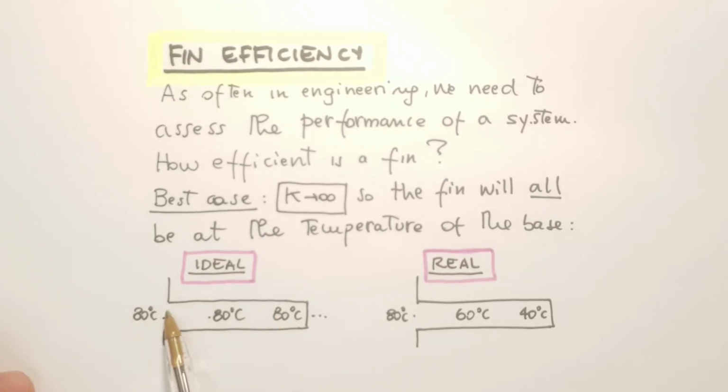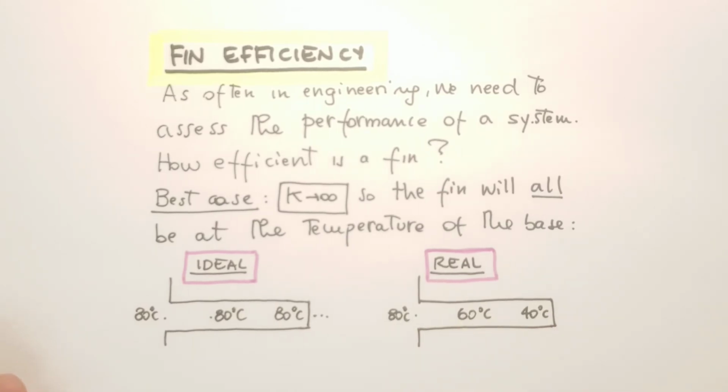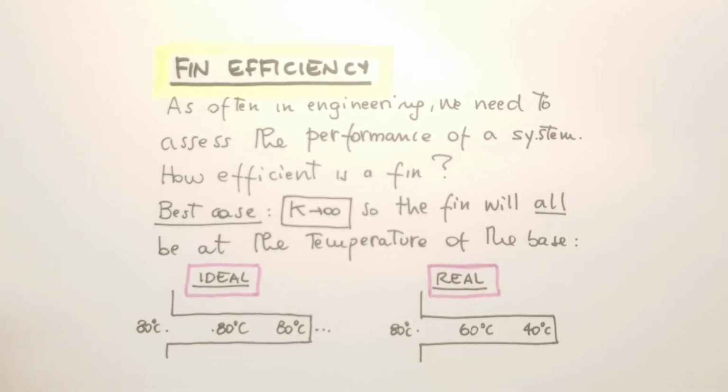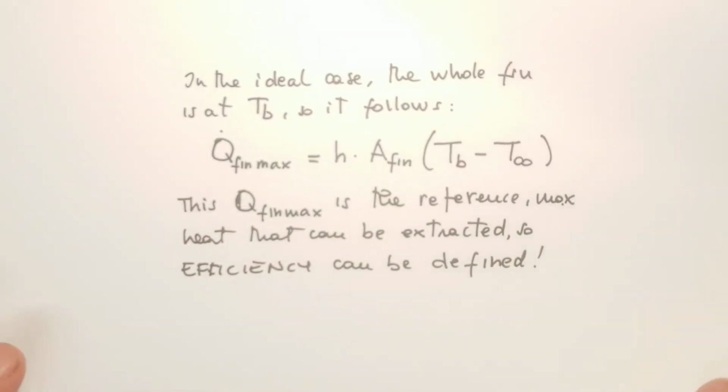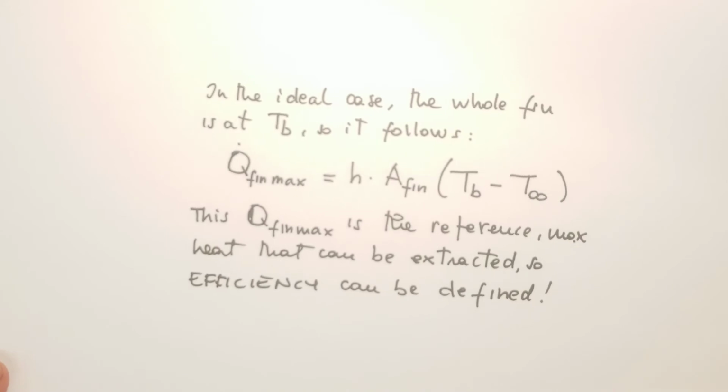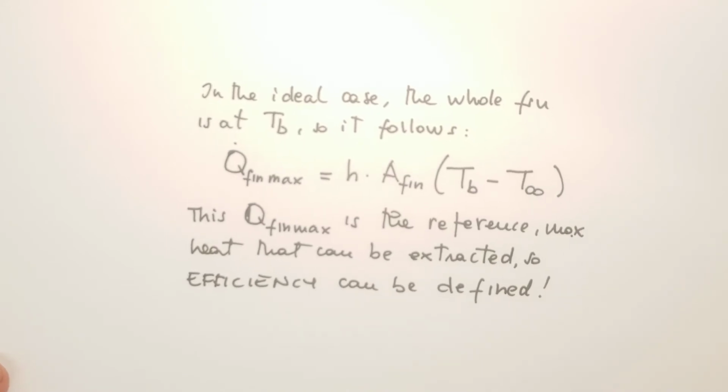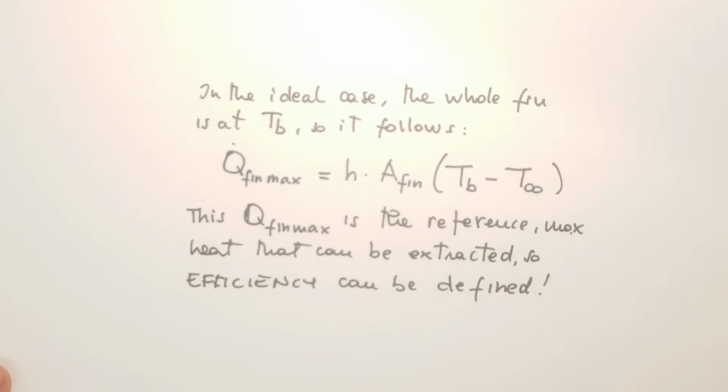So this is a schematic of the ideal situation. 80 degrees at the base and 80 degrees everywhere, because there's an infinite thermal conductivity. In a real situation, of course, we have 80 degrees at the base, but then the temperature decreases. So the ideal case represents the case where there is a maximum extraction of heat from the base.